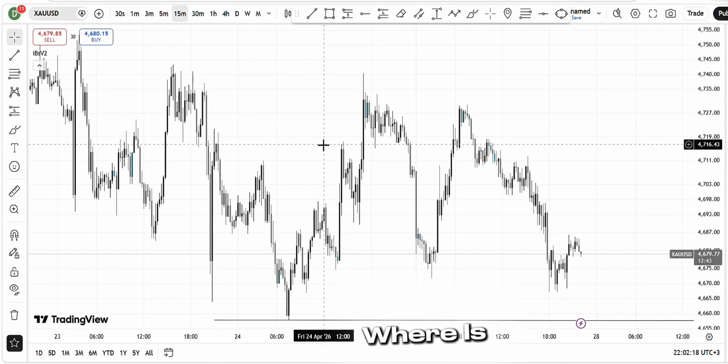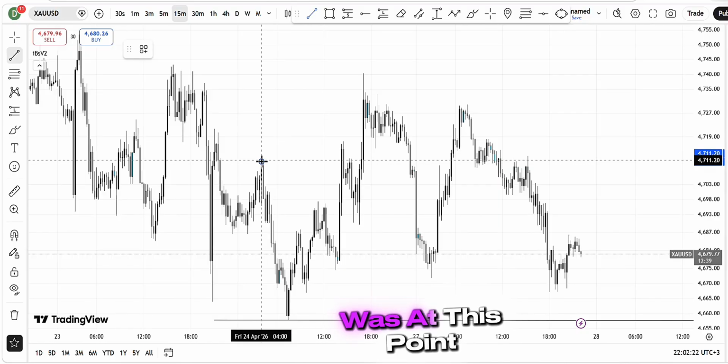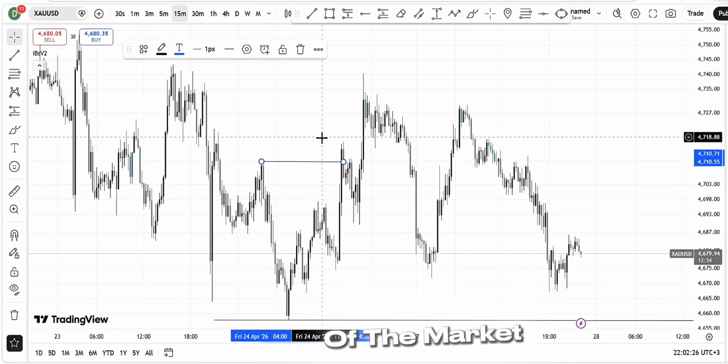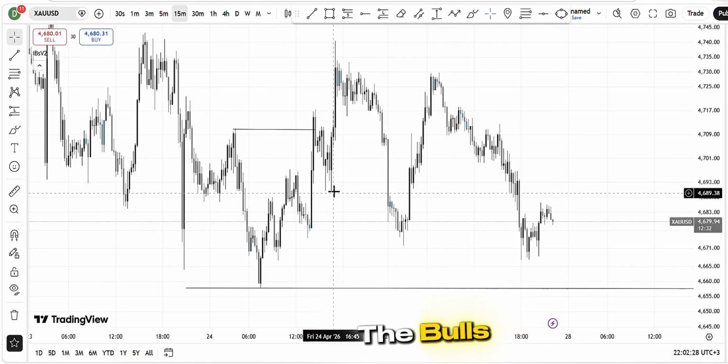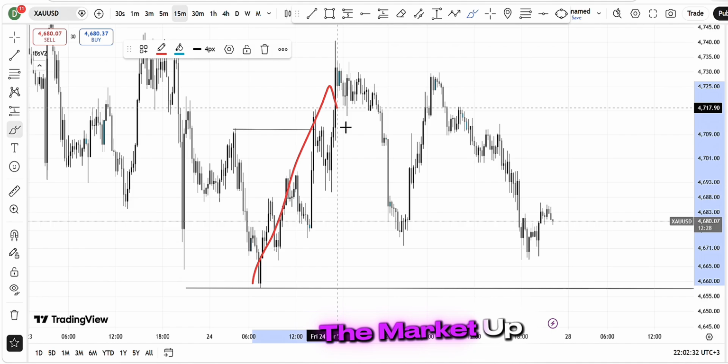And where is the point where the sellers lost control of the market? It was at this point. This is the point where they lost control of the market. The buyers, the bulls, stepped into the market. What did they do? They pushed the market up.